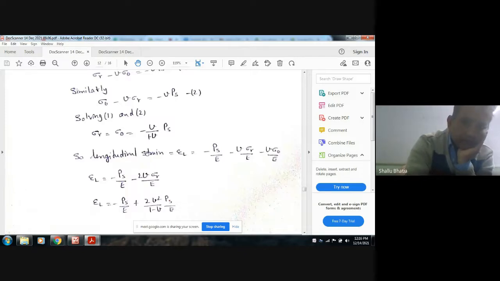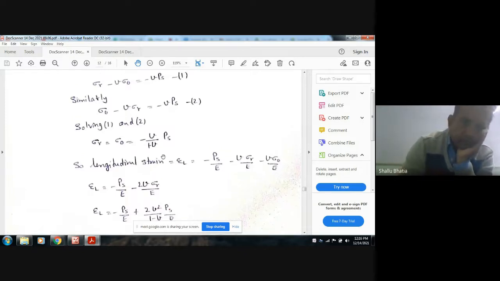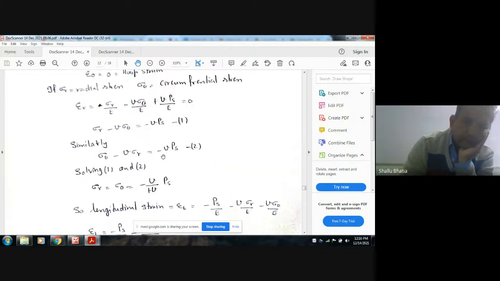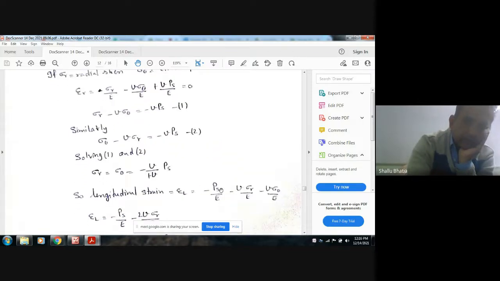Now the longitudinal strain will be compressive due to p by E, and it will also be affected when we consider sigma r and sigma theta.